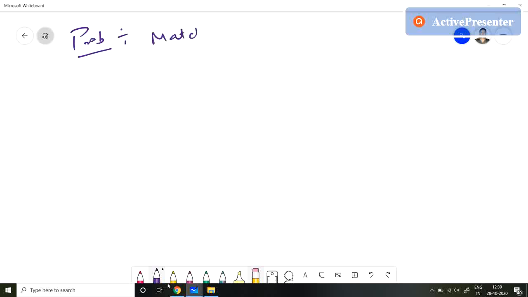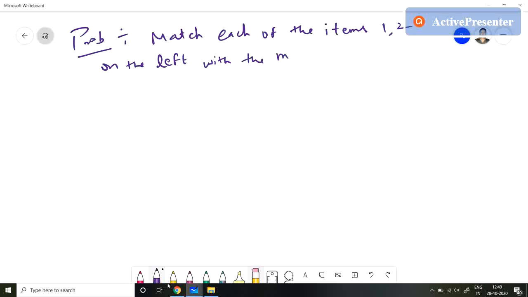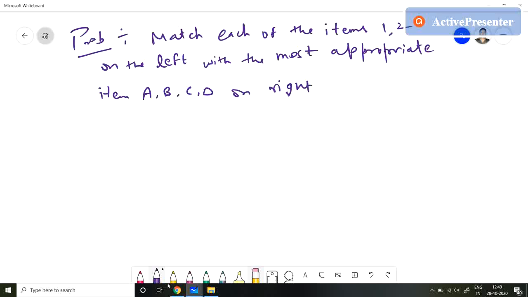Match each of the items 1, 2 on the left with the most appropriate item A, B, C, D on the right.